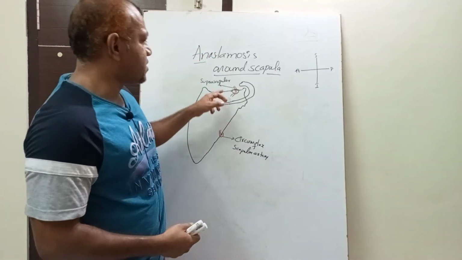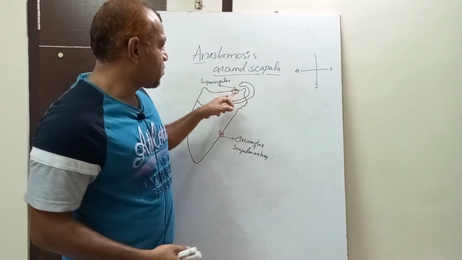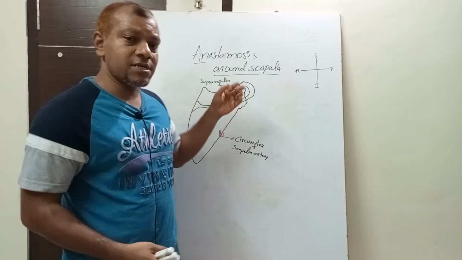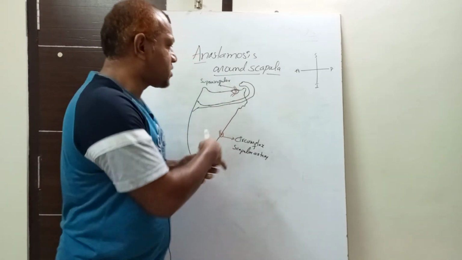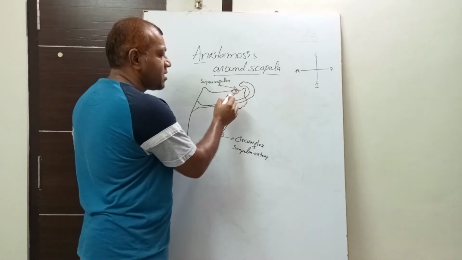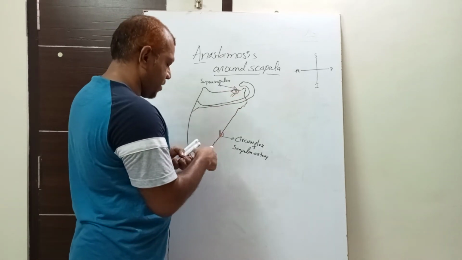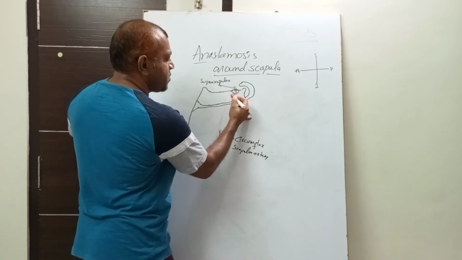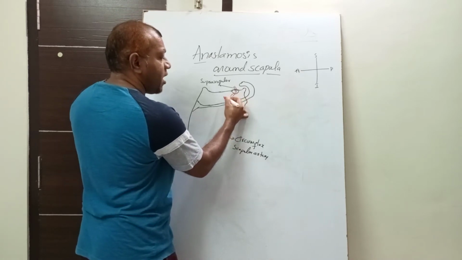Before it extends as the axillary artery, the subclavian artery gives a branch called the suprascapular artery. That suprascapular artery extends posteriorly, runs over the transverse scapular ligament and then enters into the supraspinous fossa.